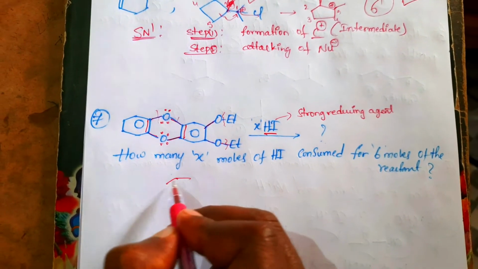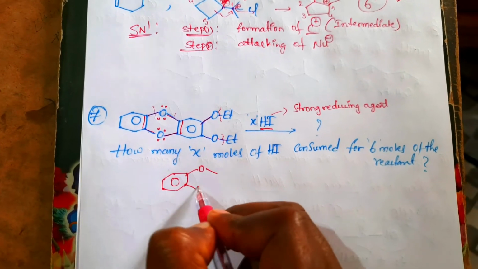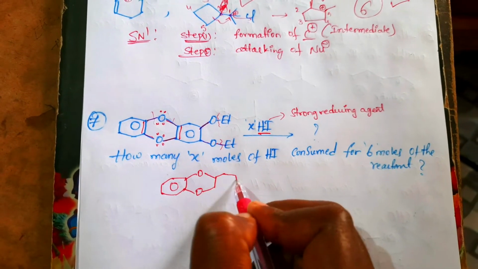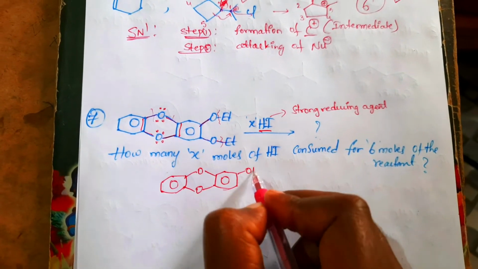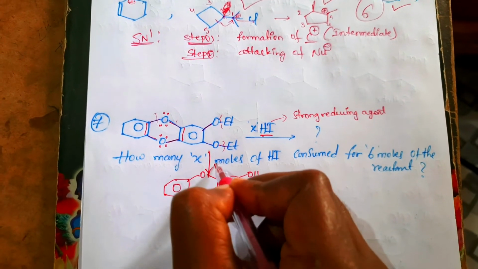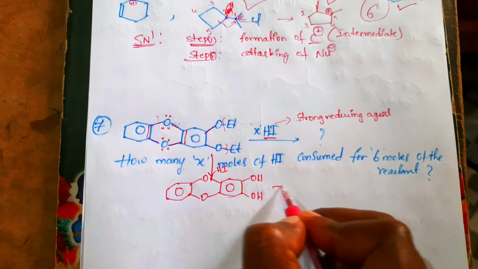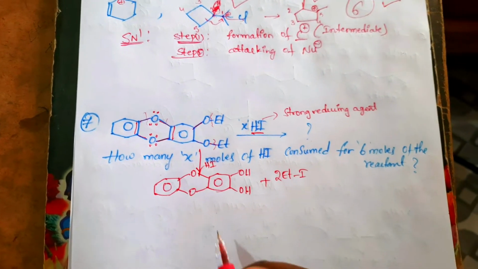If 1 mole of the compound wants to react, it requires the what? 2 ethers are there, so 2 moles are needed. Here whenever it reacts with hydrogen iodide, we are going to get OH plus ethyl alcohol, 2 moles of ethyl iodide we are going to get.